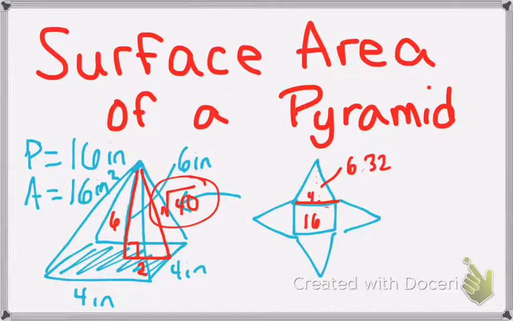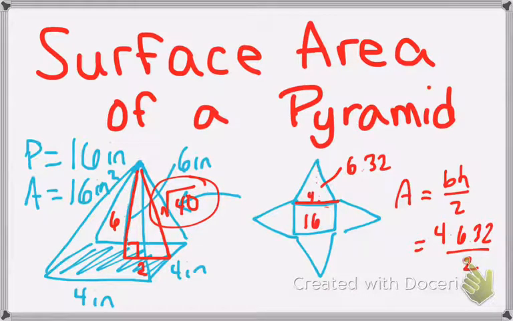The area of a triangle is base times height divided by 2, or 1/2 bh. So 4 times 6.32 divided by 2. Type that in the calculator, and that is 12.64 inches squared. How many of those triangles do we have?